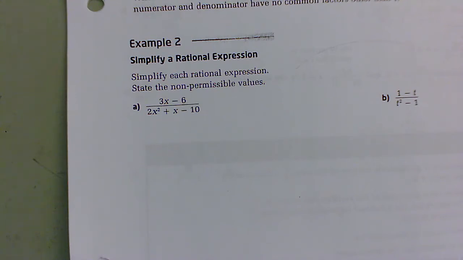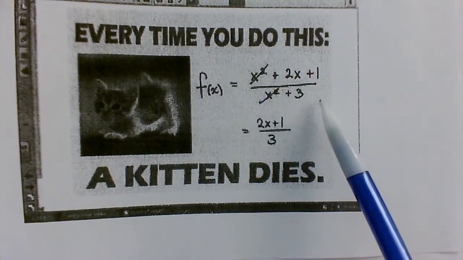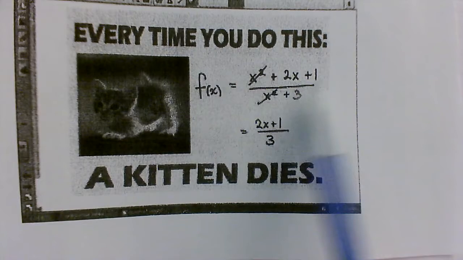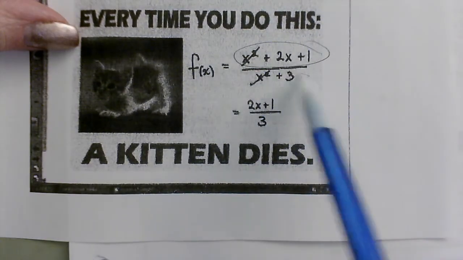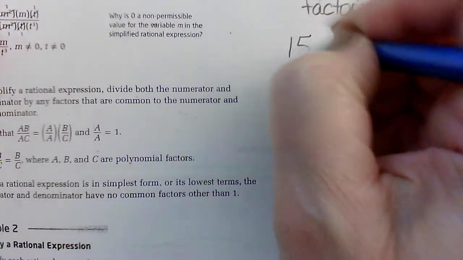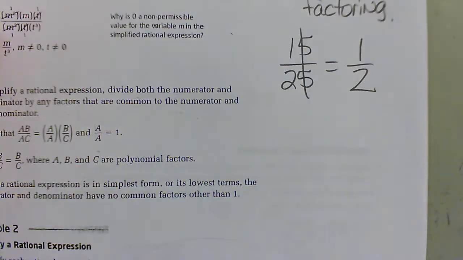So, this is the case where I have a rational expression, right? I have a trinomial on the top, and I have a binomial on the bottom, and what they did was just cancel. That's like doing this. Let's say that I had a 15 over a 25, and I just do this.